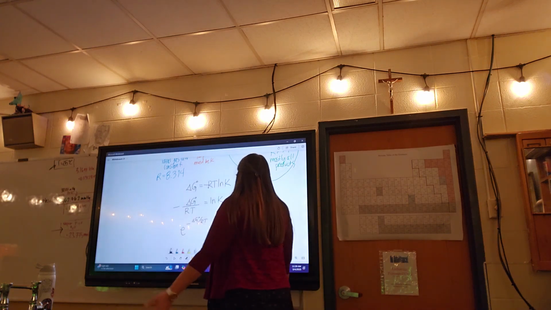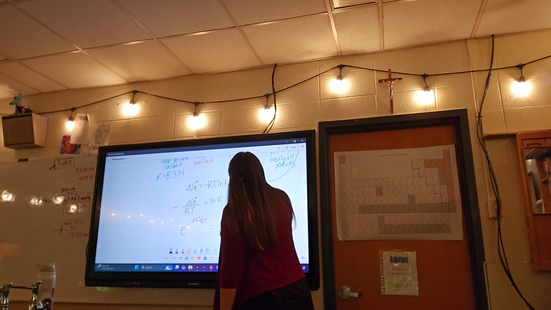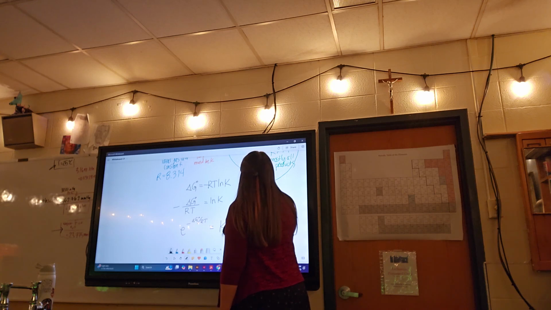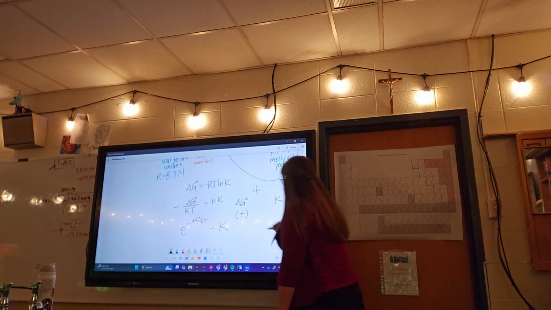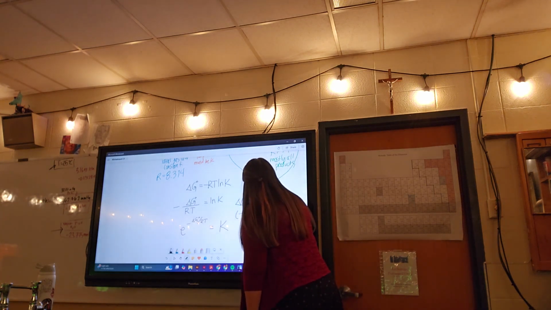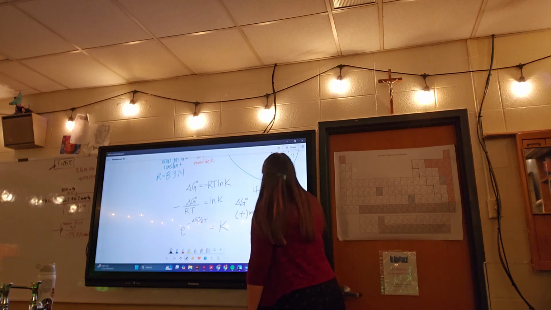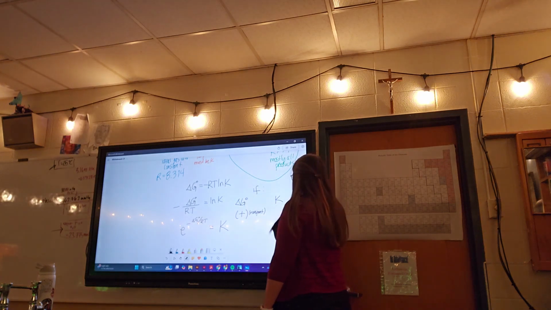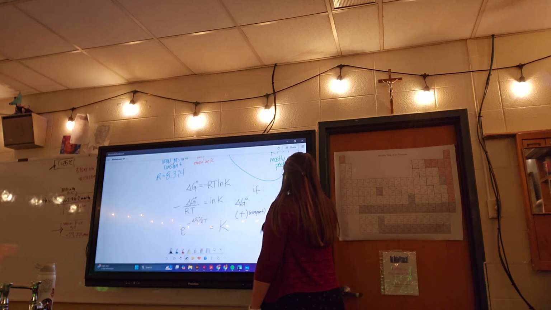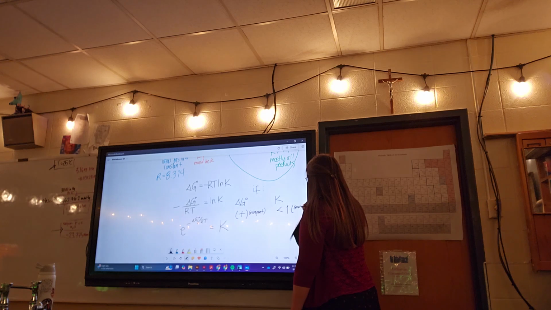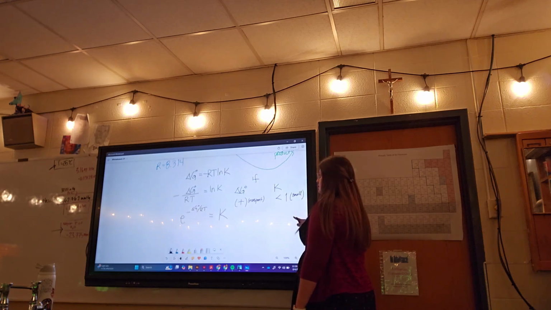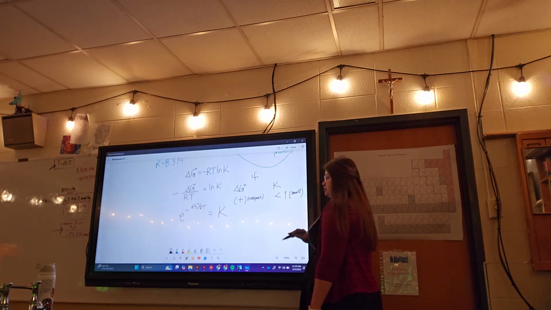So remember that if delta G is positive, that means it is non-spontaneous. The way to make that happen is for K to be less than 1, in other words, a small number, because there's not a lot of product; it's not thermodynamically favorable to produce products.